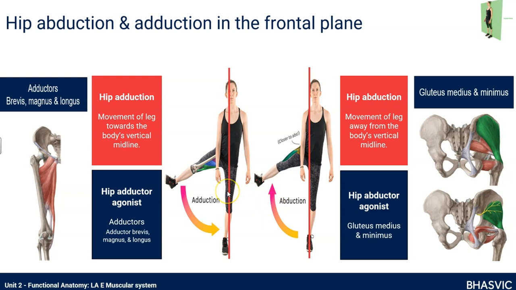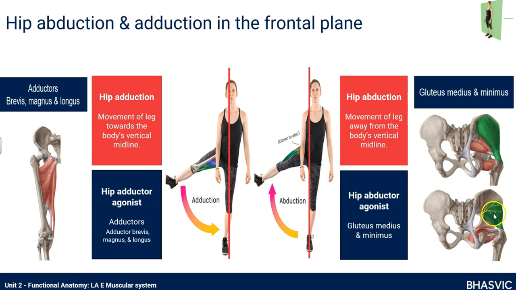Then we've got the frontal plane movements, abduction and adduction. Let's look at abduction first. From the anatomical position, if I lift my leg up sideways away from the body's midline, that's abduction, increasing the angle and moving away from the midline. The muscles that pull my leg sideways, and you can see them on the diagram, are gluteus medius and minimus.